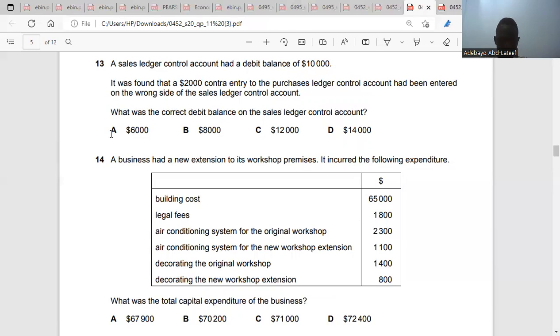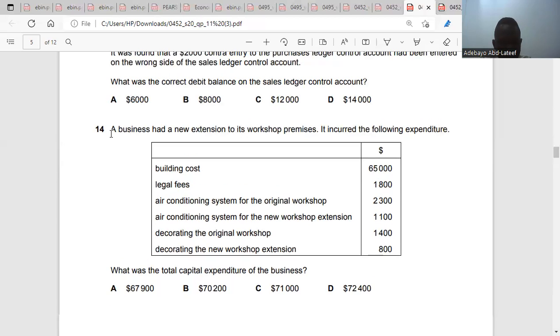Then question 14. The business had a new extension to its workshop premises and incurred the following expenditure: building cost, which is capital expenditure; legal fees, part of the capital expenditure; air conditioning system for the original workshop, capital expenditure; air conditioning system for the new workshop extension, capital expenditure; decorating the original workshop, that is revenue expenditure; decorating the new workshop extension, that is capital expenditure.